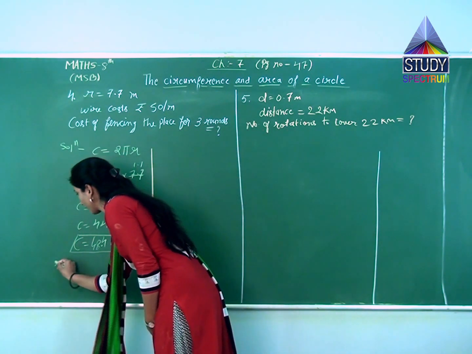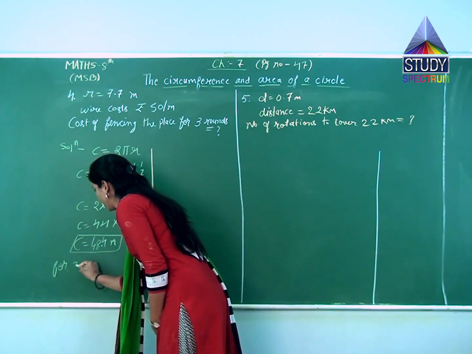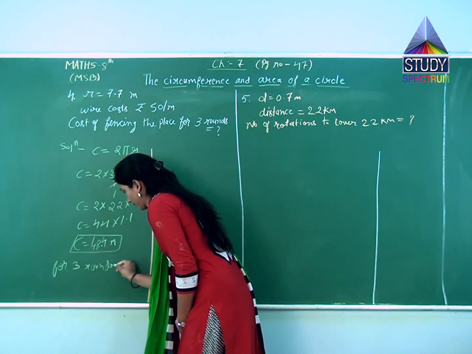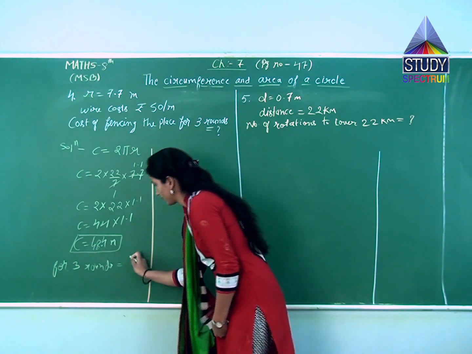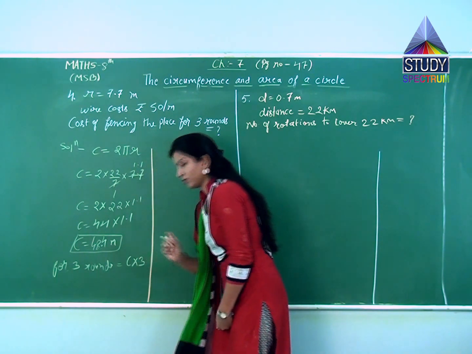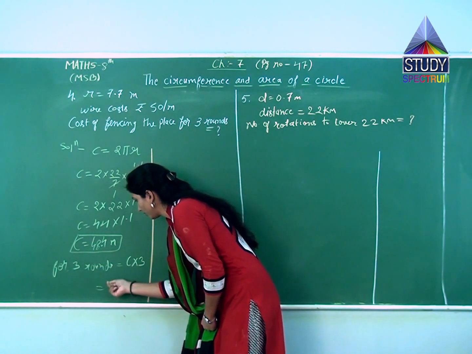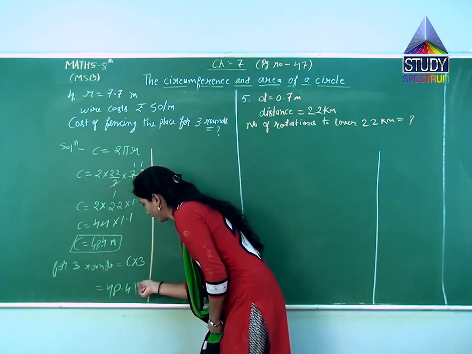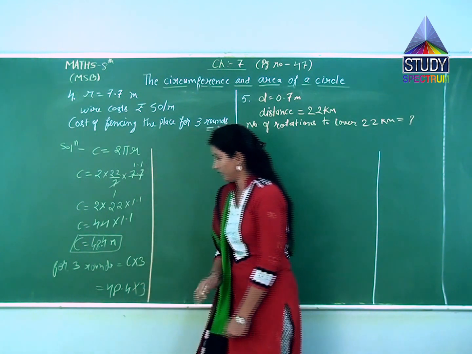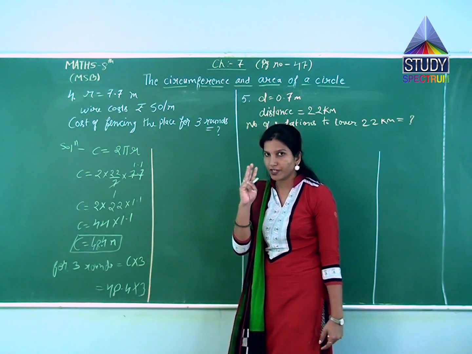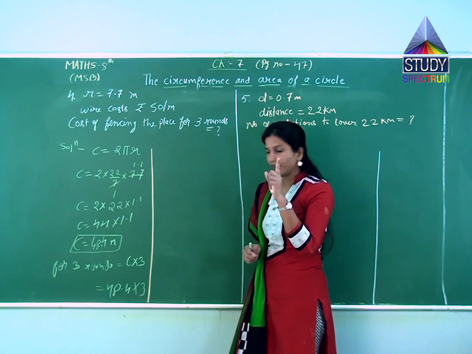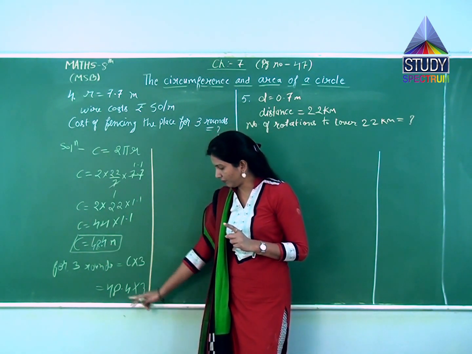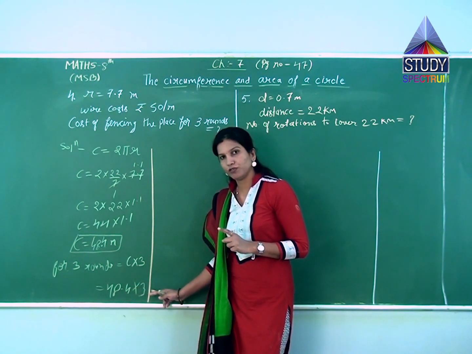So for 3 rounds we have C into 3, which is equal to 48.4 into 3. The circumference for one round is 48.4 meters and for 3 rounds it will be 48.4 into 3.